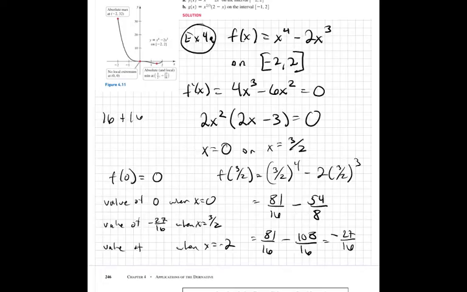And if we plug in positive 2, it's 16 minus 8 times 2 is 16, which is going to be 0 when x is equal to 2.